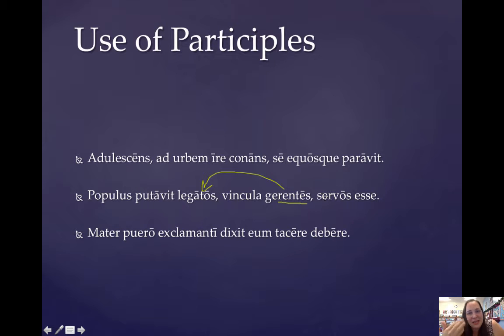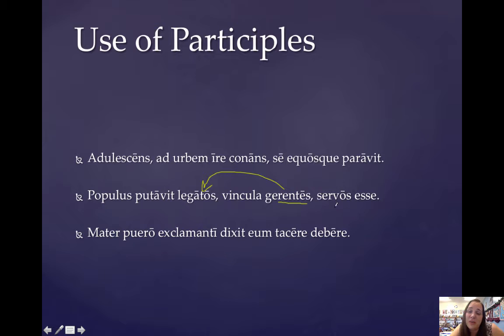Now, again, we need to think about the tense of this participle in relation to the main verb, which is putavit. And then we also need to think about which subordinate clause would perhaps sound best to turn this participial phrase into. So the people thought that the ambassadors who carried chains, or because they carried chains, were slaves.